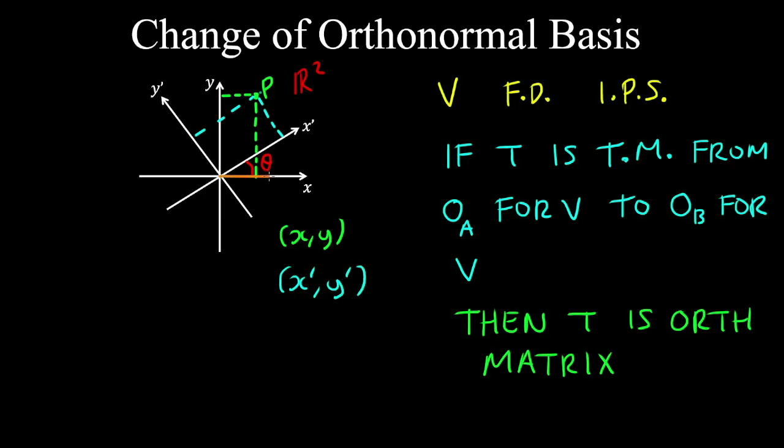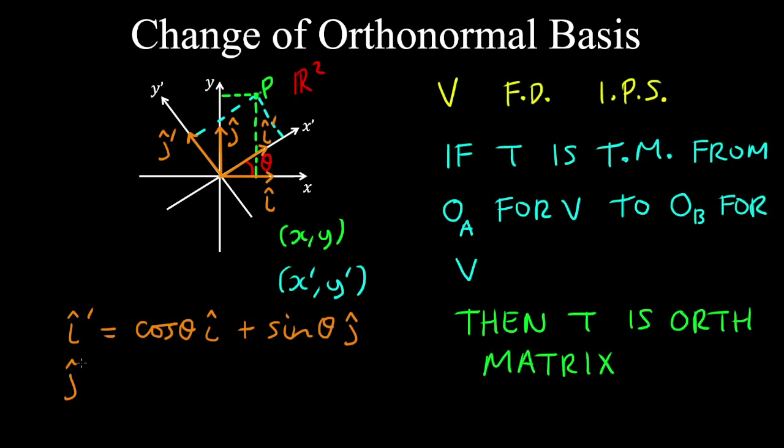So if we take our unit vectors for the old basis as i hat and j hat, and for the new basis there'd be i hat dash and j hat dash, then we can write the unit vector i hat dash as cosine theta in the direction of i plus sine theta in the direction of j.